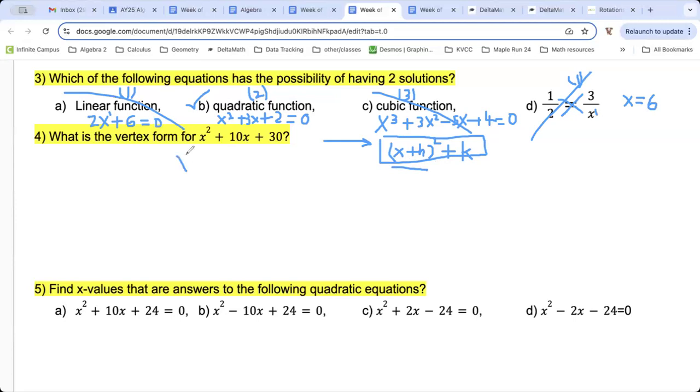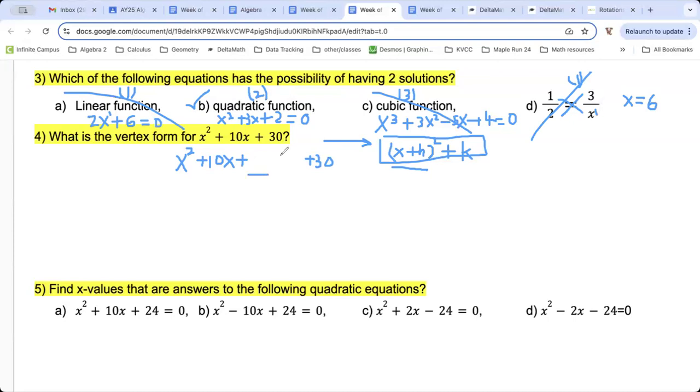So first thing first, do yourself a favor and write x squared and x term, okay? Just leave some space. Put the positive 30 way in the back, okay? And you just ask yourself, just like the other problem, what is the C value?